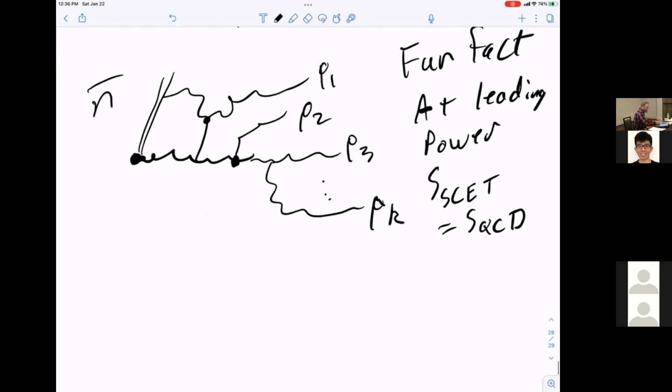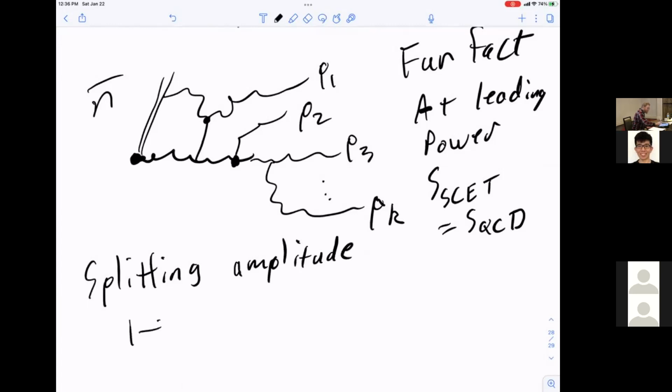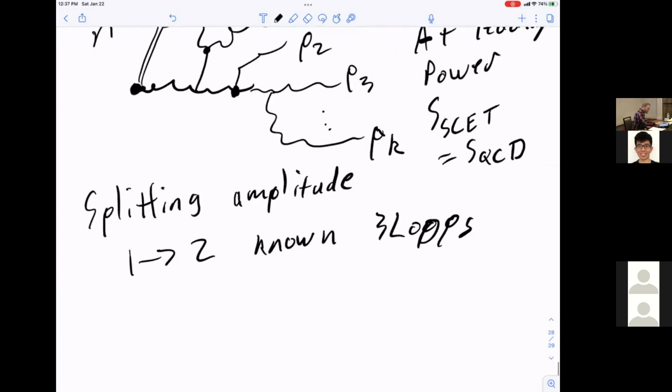In the amplitude literature, this would be a splitting amplitude. Which I believe the 1 to 2 is known at three loops. Technically, the 1 to 1 is known at four loops.